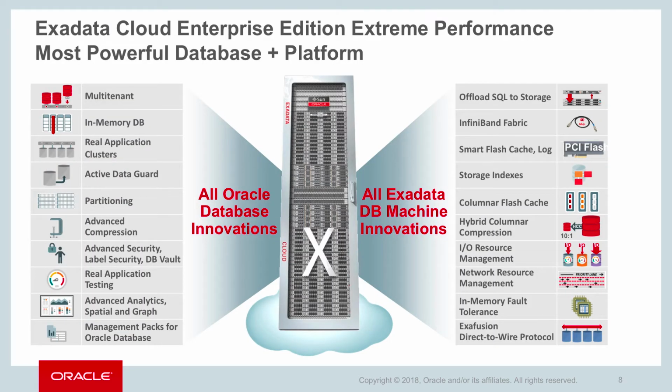The Exadata Cloud Service, along with the Enterprise Edition Extreme Performance software, is the most powerful database and platform. It has all the database innovations of the Oracle database, along with the innovations for Exadata database machine.